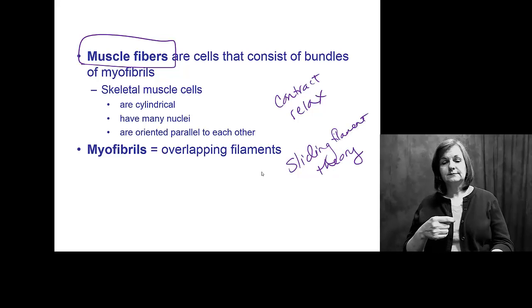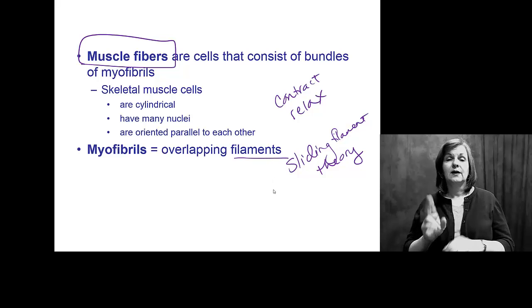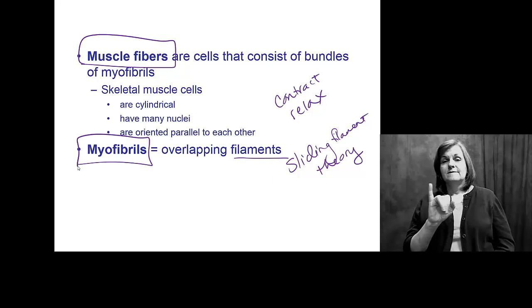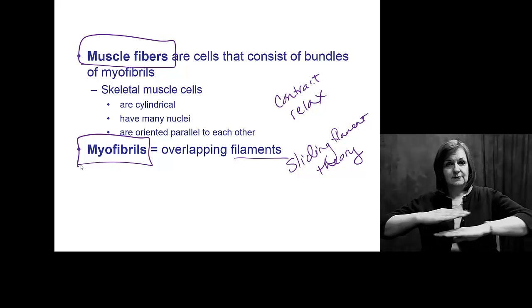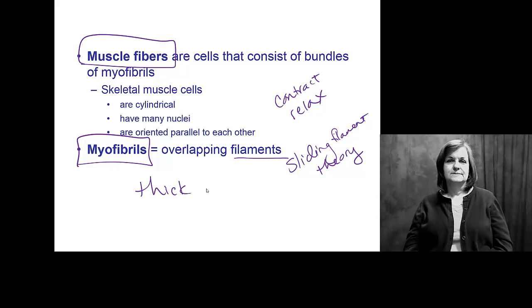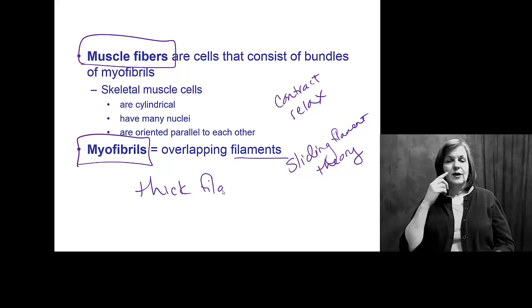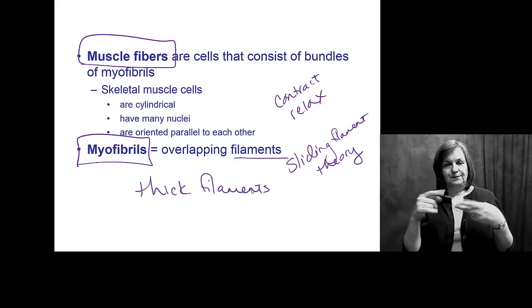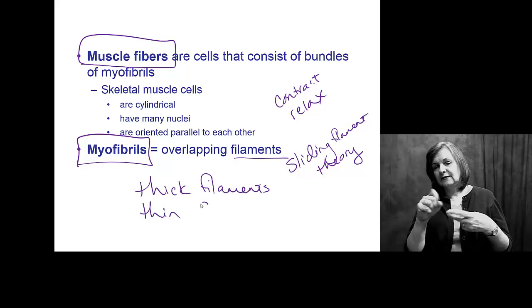And what this means is we're going to use muscle filaments known as myofibrils, and we're going to allow them to move past one another to actually contract our muscles. So your focus for us is going to be on thick filaments, and I'm going to show you these in a minute, and thin filaments.